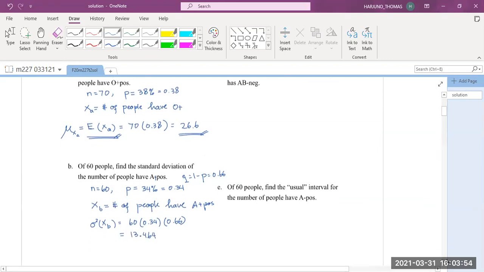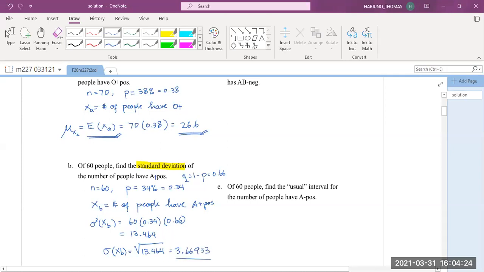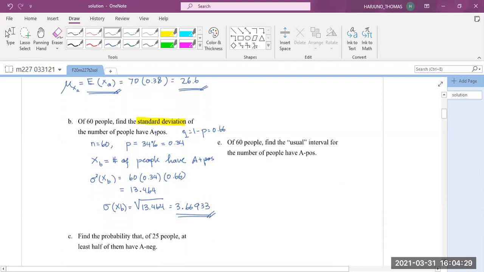Now, however, what we need here is the standard deviation, right? So I need to do the square root of that. So the standard deviation of the number of people with A positive will be the square root of 13.464, which is 3.66933. If your decimal has more than 5 decimal places, then round it to at least 5 decimal places.